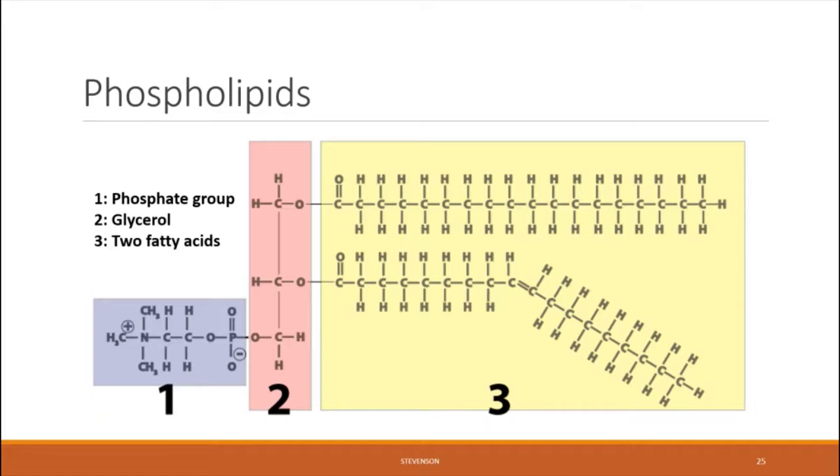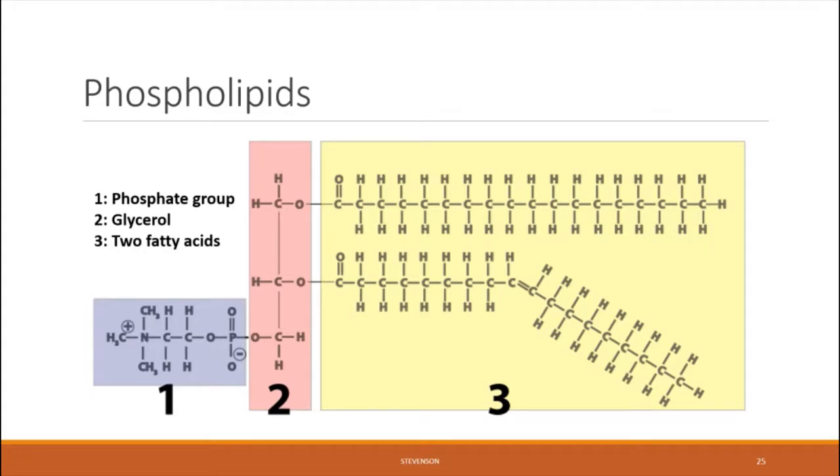But a phospholipid, the structure of it is similar to a regular lipid, but the exception is that instead of having 3 fatty acid chains, it has only 2 fatty acid chains attached to the glycerol molecule here. And in place of the third fatty acid chain, it instead has what's called a phosphate group here. So we can see the phosphate group on the left-hand side docked into this glycerol molecule at the station where the third fatty acid chain would normally exist in a triglyceride, but it's not there.